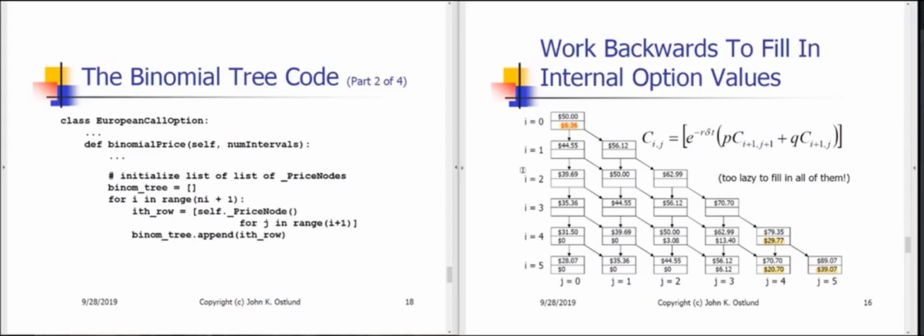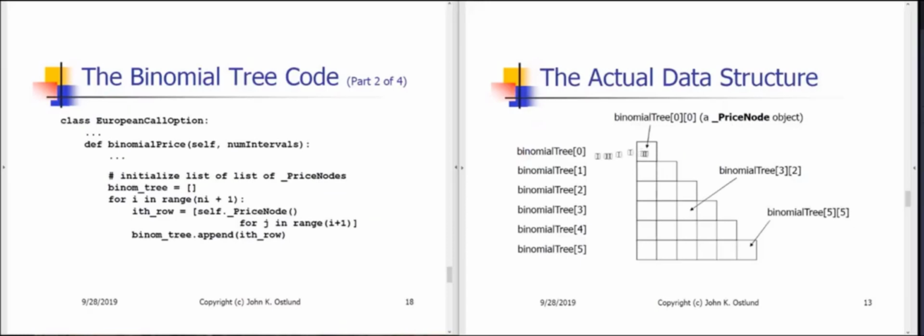All right, so having defined values for our various parameters, the first thing we want to do is to create this binomial tree, that is this list of lists of price nodes that at the moment are all going to have 0 value. So binom tree is our list of lists, and the ith row in this list of lists is going to be obtained by generating a price node with values of 0 for the number of cells necessary for that row.